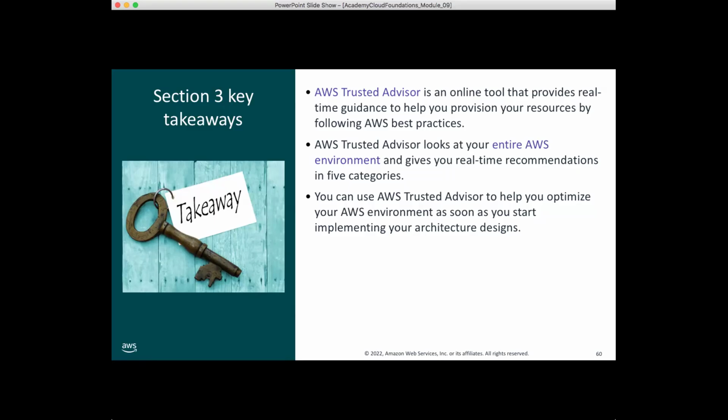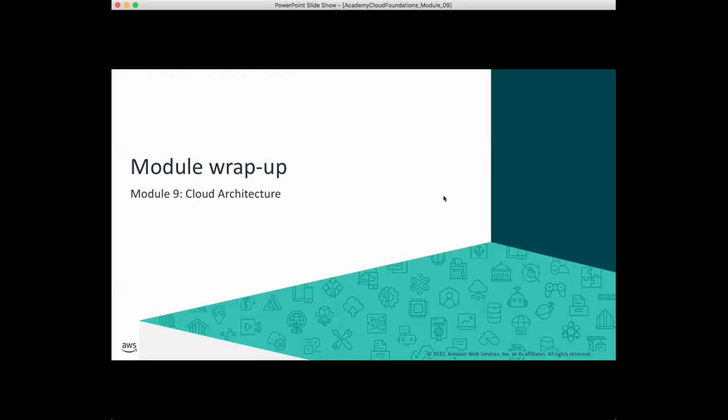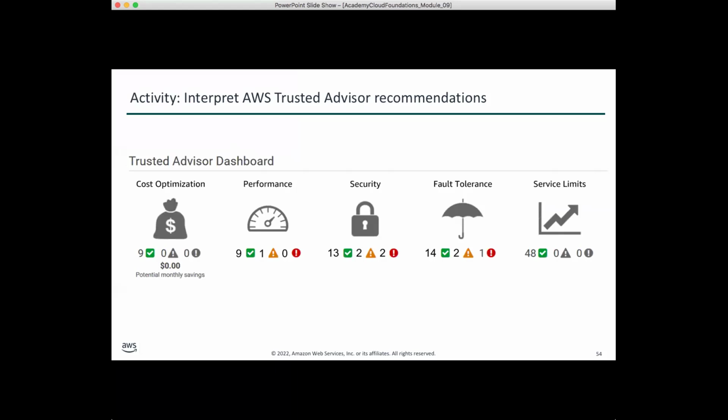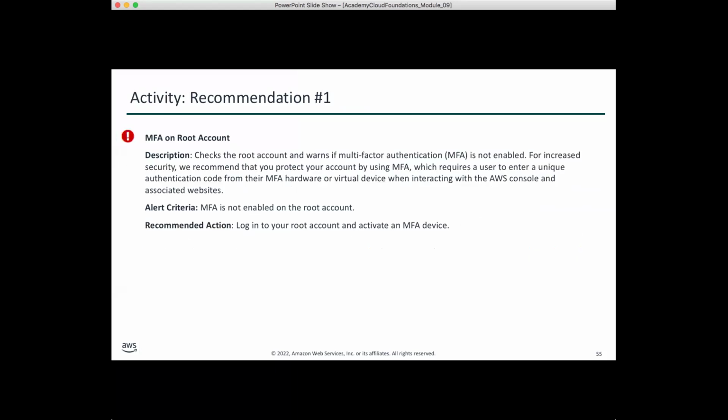The Trusted Advisor looks at the entire AWS environment, as in whatever we have configured, and gives us real-time recommendations in 5 categories, which are cost optimization, security, performance, and a couple more, that is, fault tolerance and service limits.